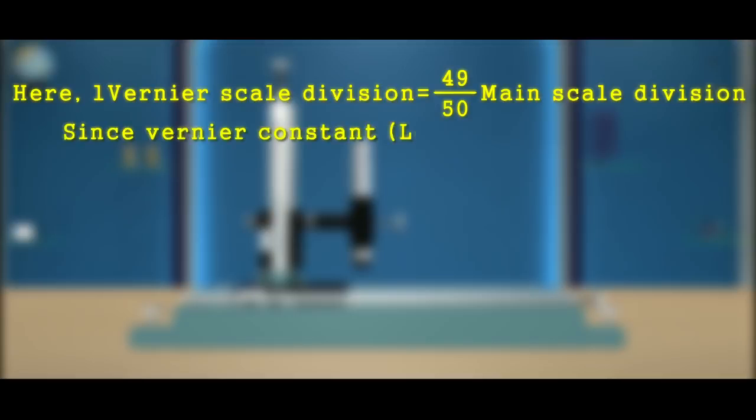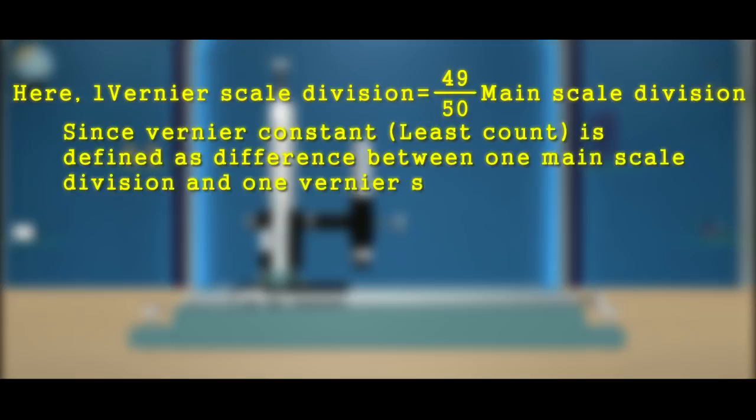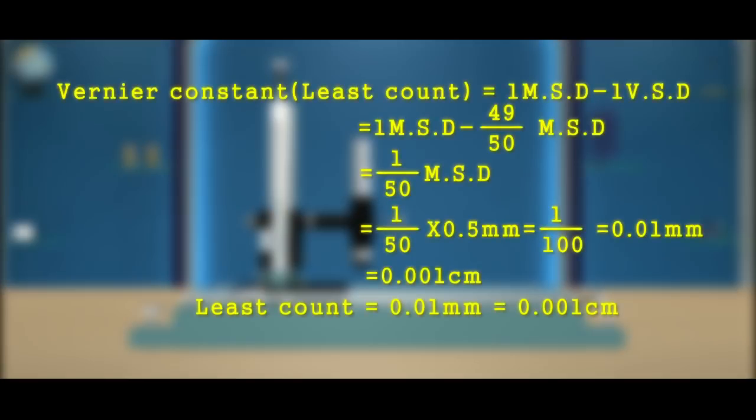Since the least count is defined as the difference between one main scale division and one vernier scale division, least count is equal to 1 main scale division minus 49 divided by 50 main scale divisions, that is equal to 1 divided by 50 main scale divisions. Least count is equal to 0.01 millimeters, that is 0.001 centimeters.